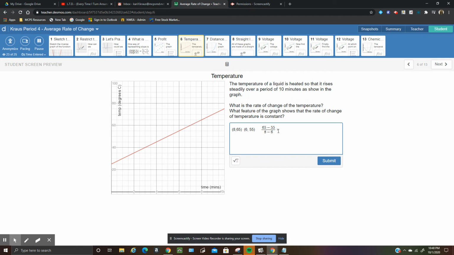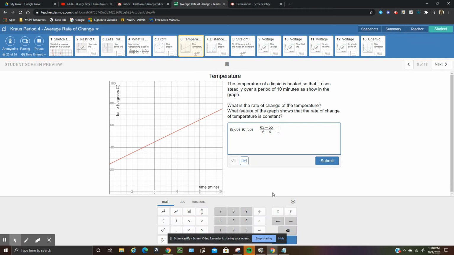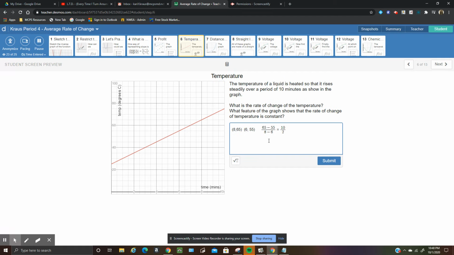And that's equal to 10 over 2. So the temperature is changing 5 degrees per minute.